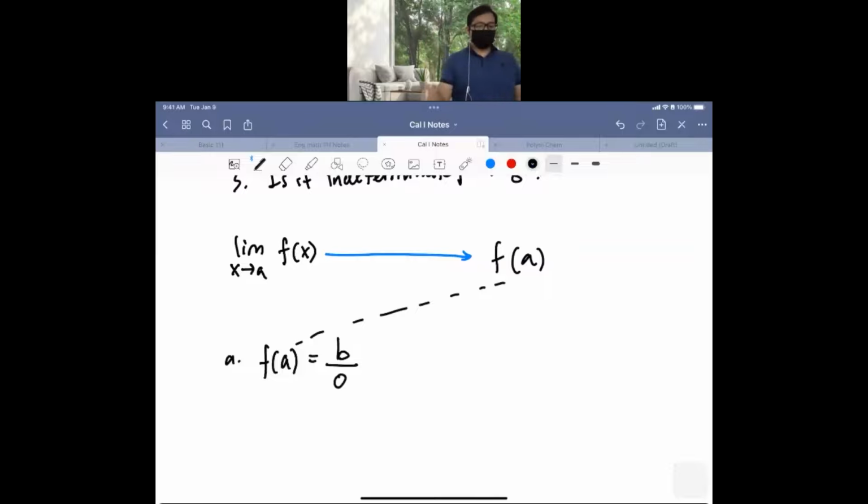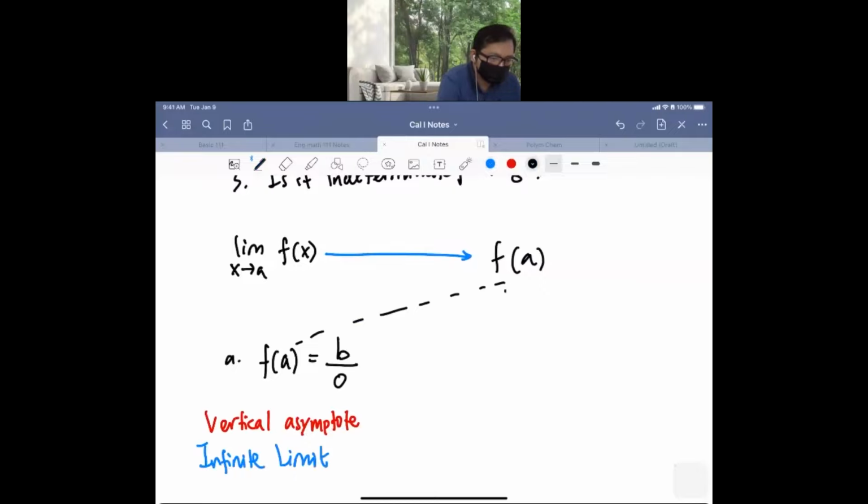Anything that has a value but over 0, in this case we will get a vertical asymptote, or in our case, last week we dealt with infinite limits, that limit going up or going down. Or you will get your answer directly, some value b. So done.